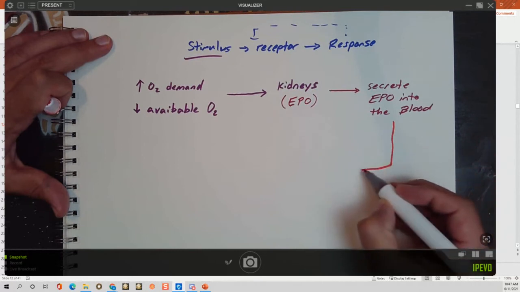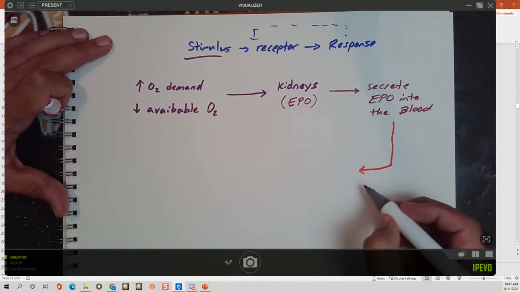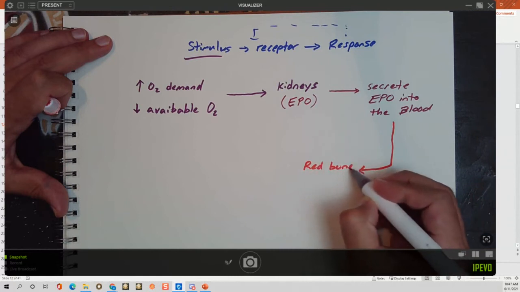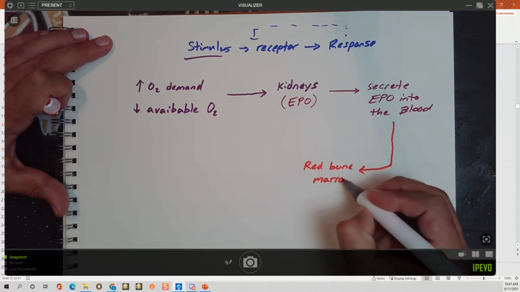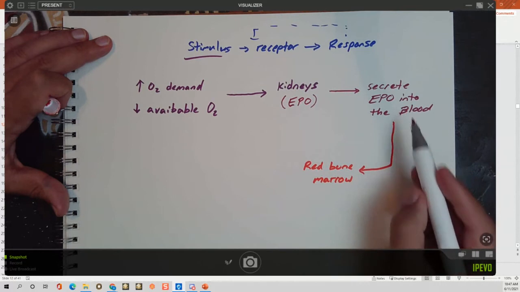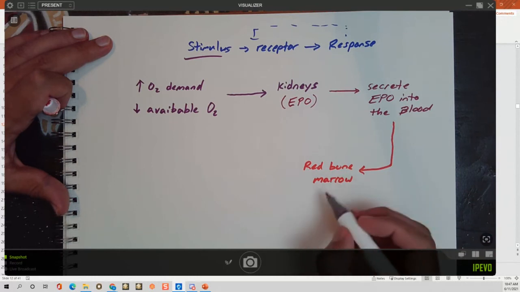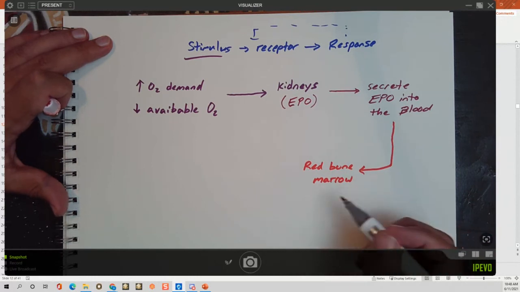So what are we going to do? We're going to draw arrows out. We're going to say this is going out to the red bone marrow. That erythropoietin acts on the red bone marrow and starts to stimulate those hemocytoblasts, pluripotent hematopoietic stem cells.